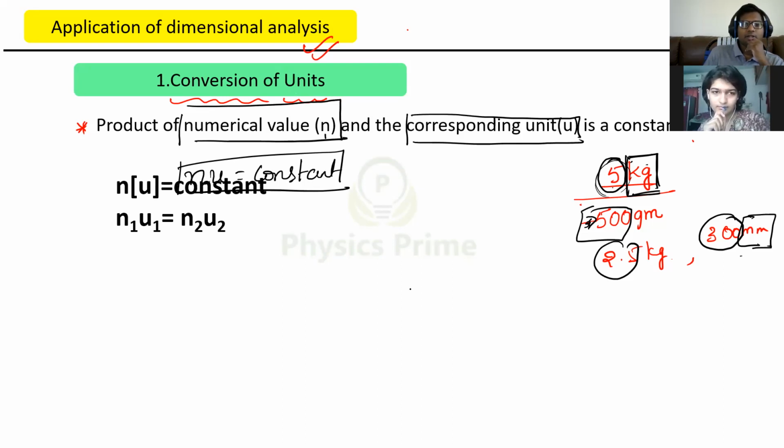First I'll tell you, have you seen a 2000 rupee note? Oh, yes, sir. One 2000 rupee note is equal to how many 500 rupee notes? 4, isn't it?